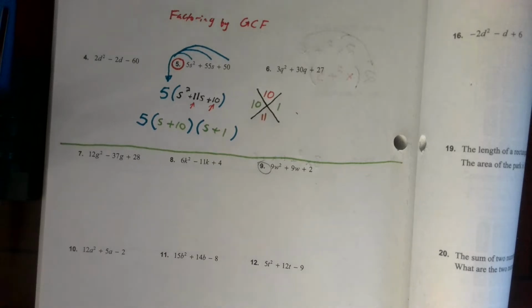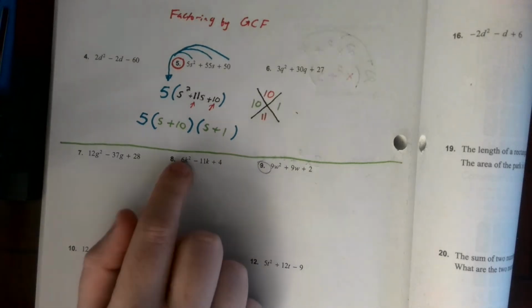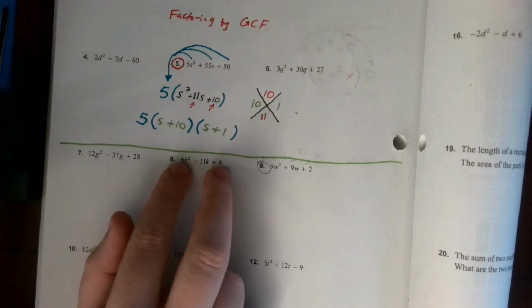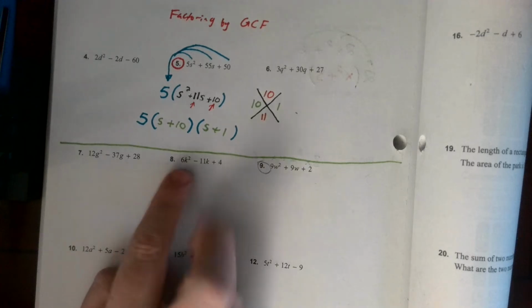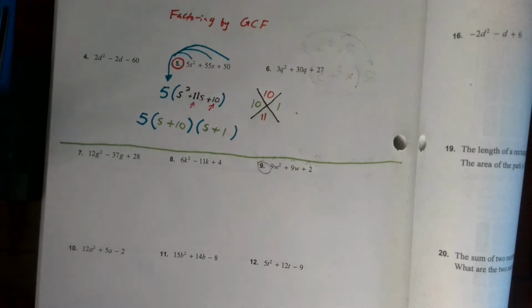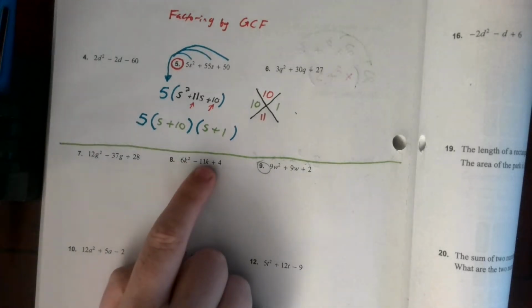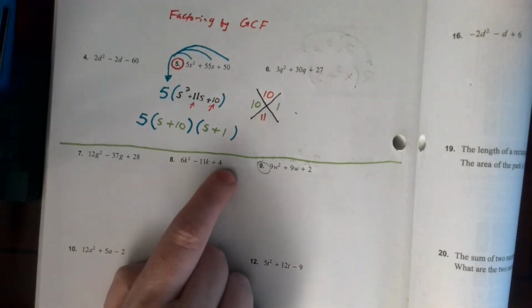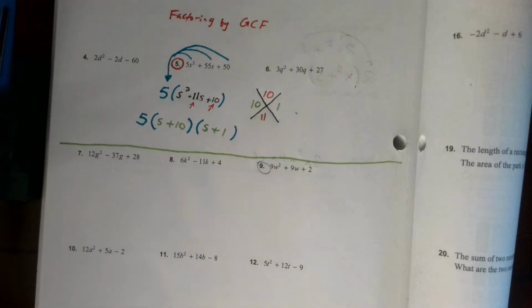We might say, okay, so 6 and 4 can both be divided by 2, so can't we pull out a 2? But negative 11 can't be divided by 2, so that's out. You might say, oh, this term has a k, this term has a k. Oh, but this last term doesn't have a k, so we can't pull a k out either. Huh. We can't factor anything out of problem number 8, can we?